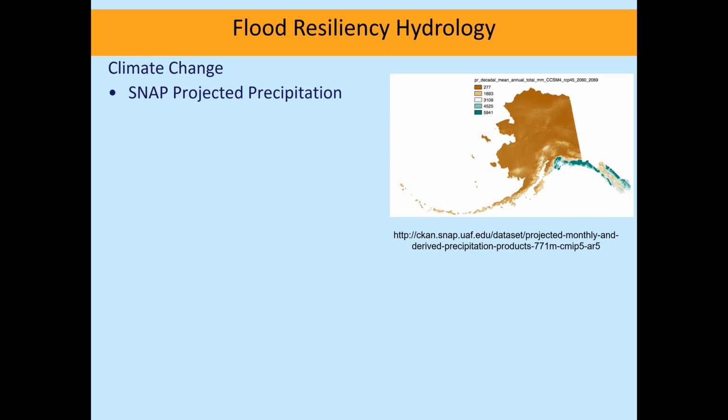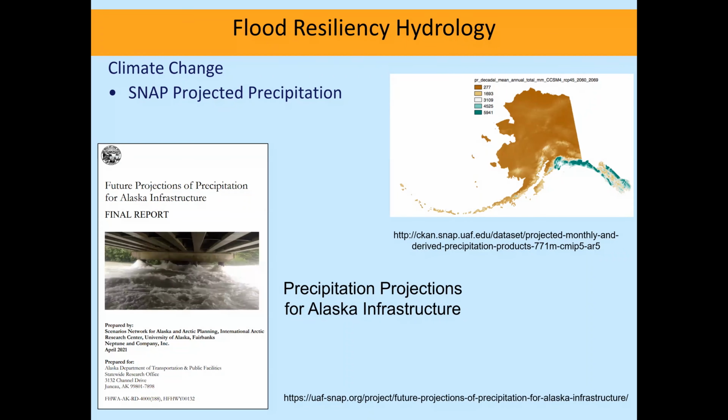There's a lot of different raster data sets you can look at there, using different climate models and different predictions for human CO2 release. And I think a good thing to look at is this recent publication that the Department of Transportation and SNAP worked on. I think that might be a great place to start if you're trying to consider climate change and what models might be the best ones to look at for thinking about that in the future.